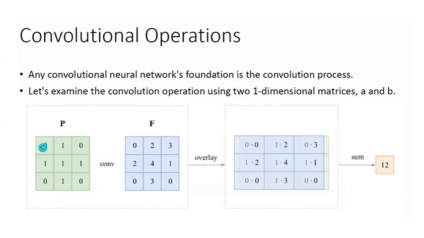So this whole set now becomes this 12. This filter is common, but I took a simple example, and this may be a part of a big image.